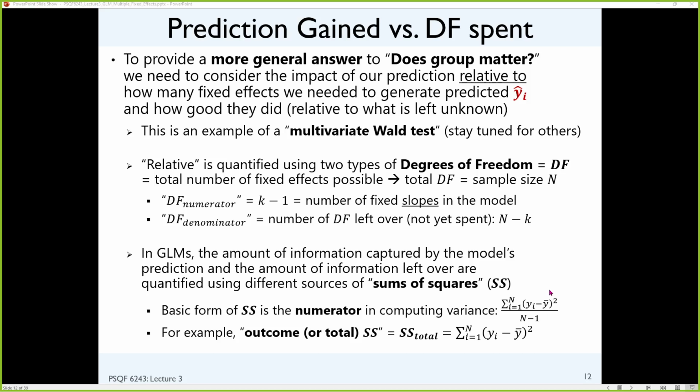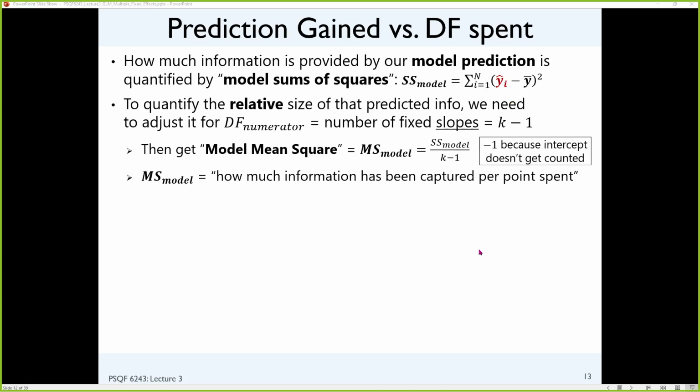So we want to calculate how much information has been captured by our model, how much information is left over, how many slopes did it take to capture that information, and how many more slopes could we add that are still left over. So it's 4 ideas that go into what's going to end up with one number at the end of this. So then, how much information did we get relative to how many slopes?